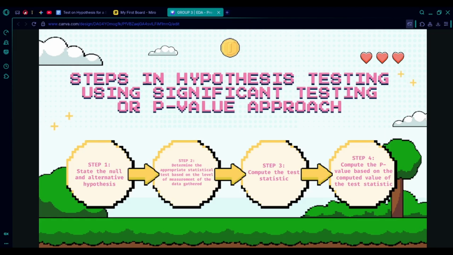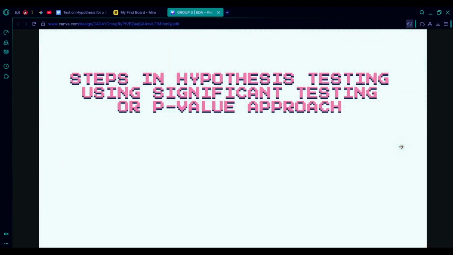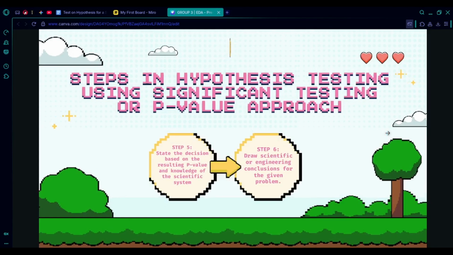Later on, I will also teach you how to locate the critical values in the z-table. That is also an additional learning for my discussion, so that you can proceed smoothly on the next topics. So what is step 5?